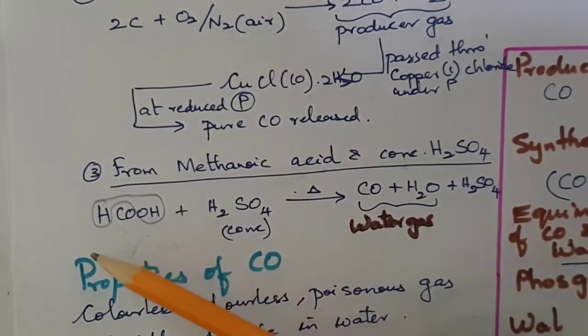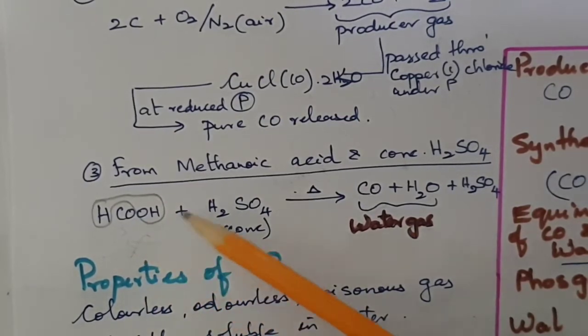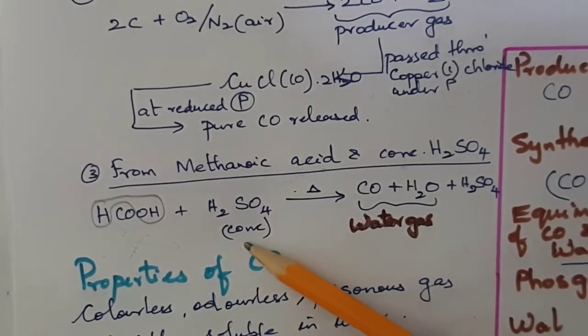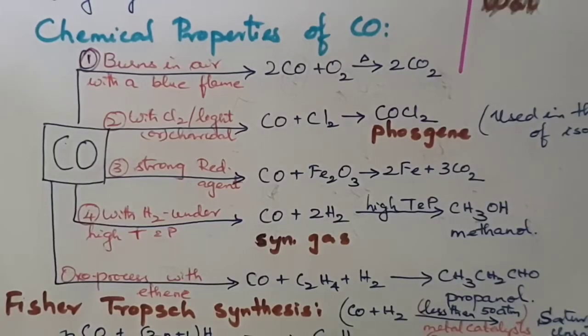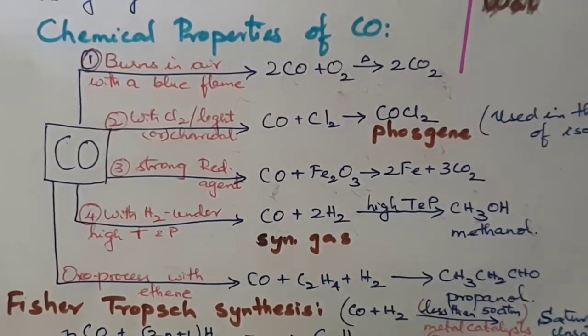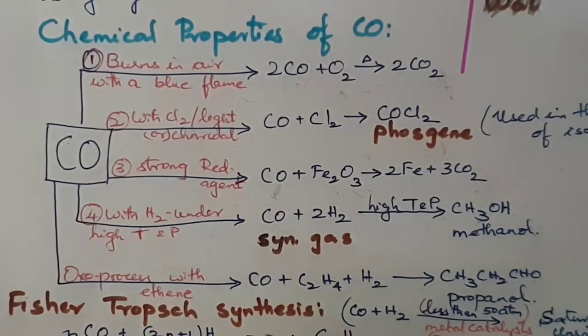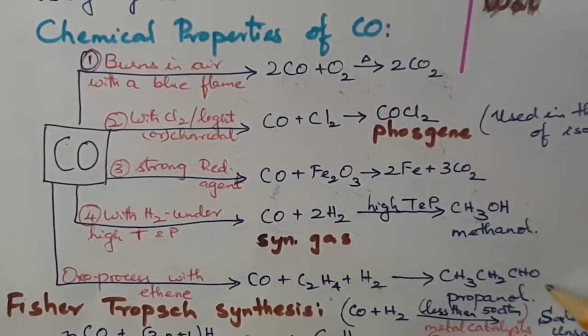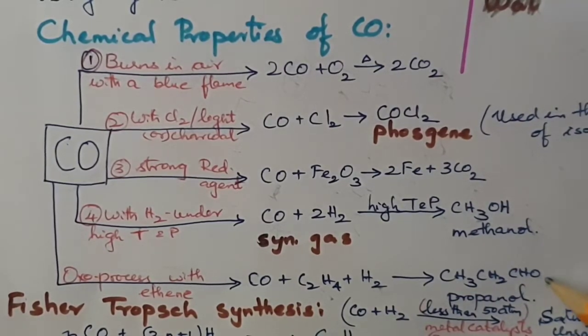So methanoic acid with the formula HCOOH, when it is treated with concentrated sulfuric acid, which acts as a dehydrating agent, gives carbon monoxide. In the OXO process, ethene with the formula C2H4 is mixed with a mixture of carbon monoxide and hydrogen, and it produces an aldehyde with a CHO group, which is called propanal, and it has 3 carbon atoms in it.